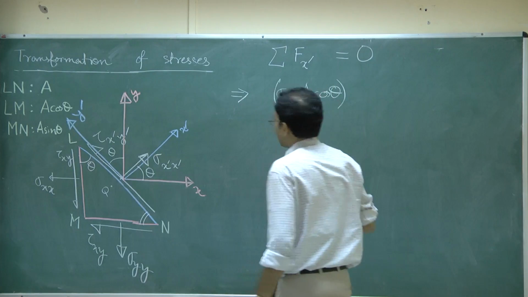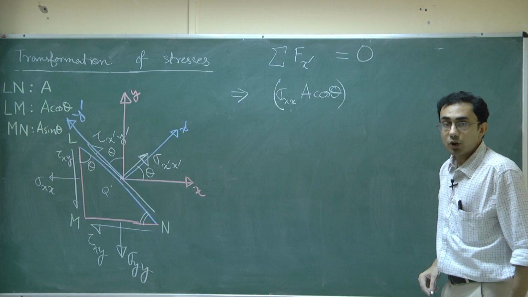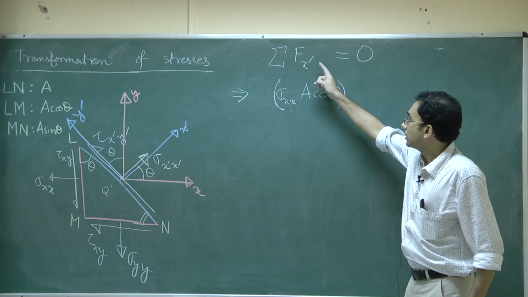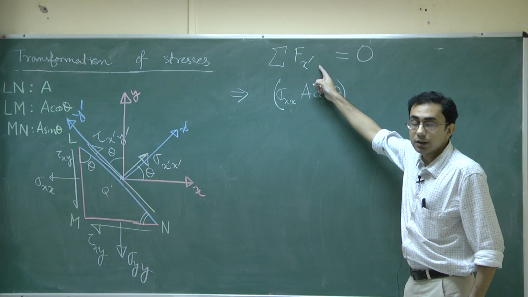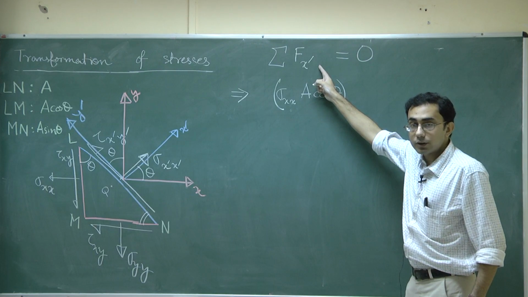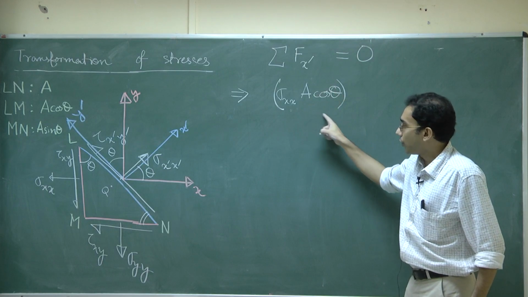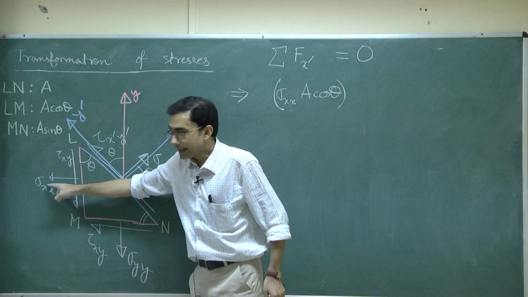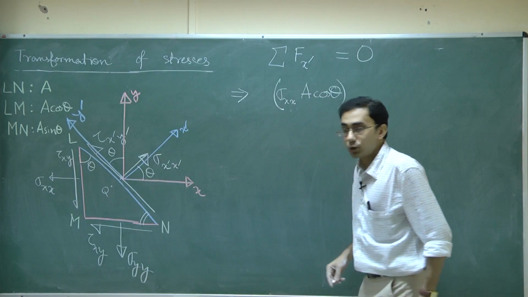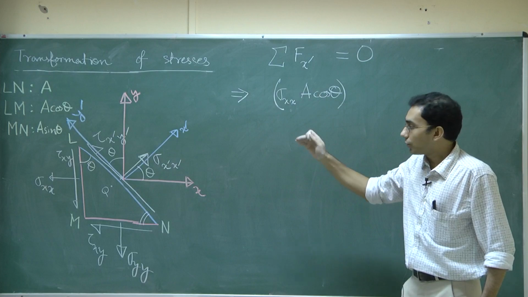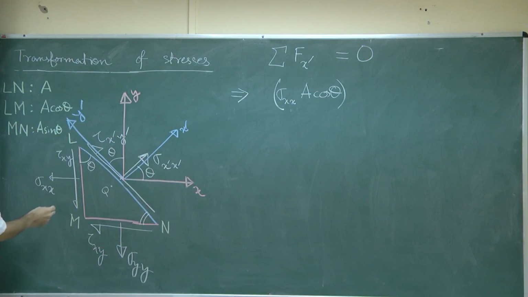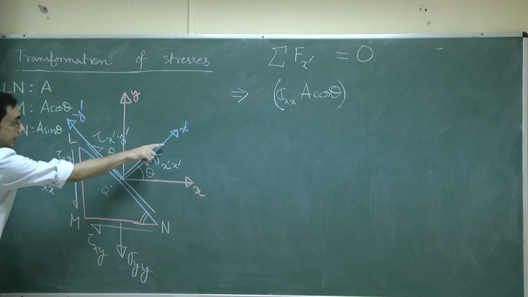Now, our job is not yet done because you remember that our motivation here is to take the force equilibrium along the x dash direction. This force as represented is along the negative x direction. So, we need to take the proper component of that force. So, what is the proper component of that force? We have to consider a direction which is parallel to this x dash direction.